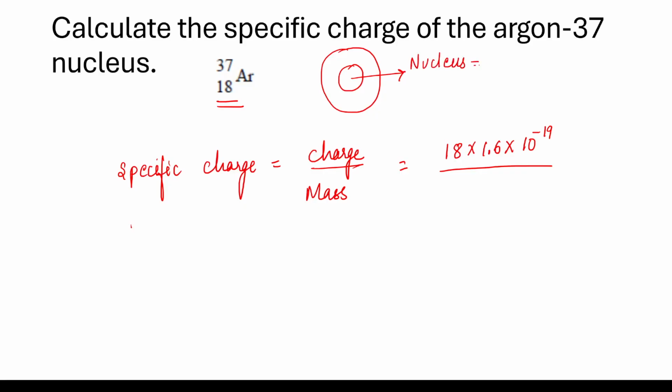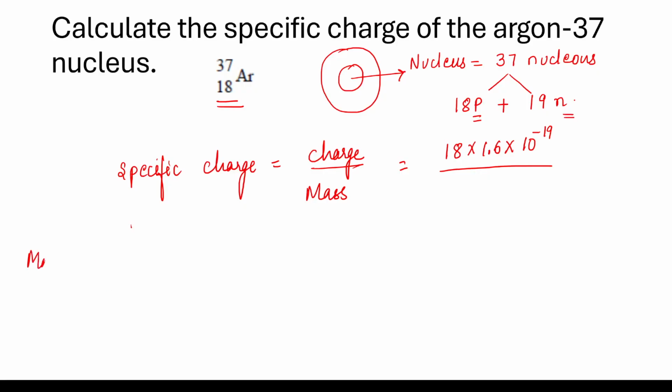My nucleus has 37 nucleons, which is 18 protons plus 37 minus 18, so it's 19 neutrons. So now we need the mass of 18 protons and 19 neutrons.